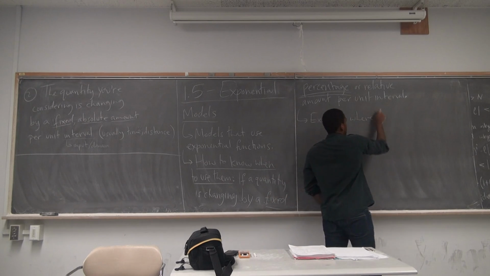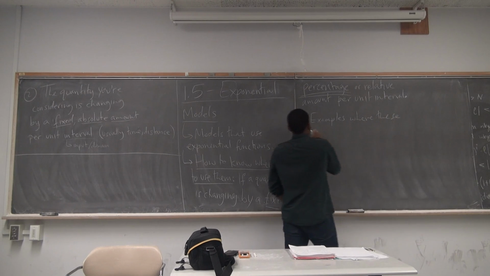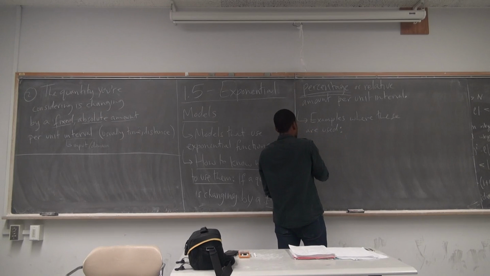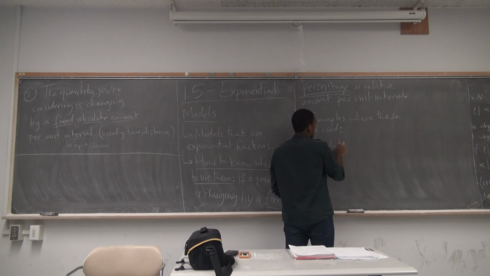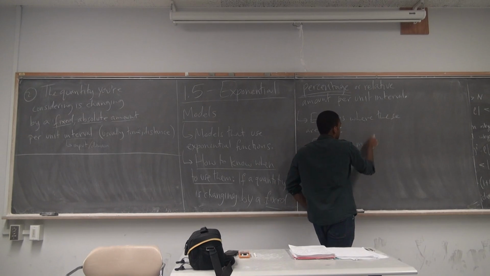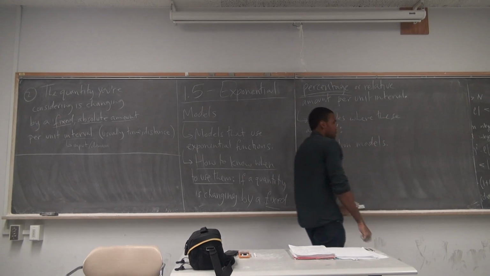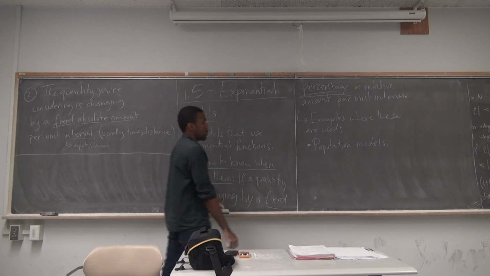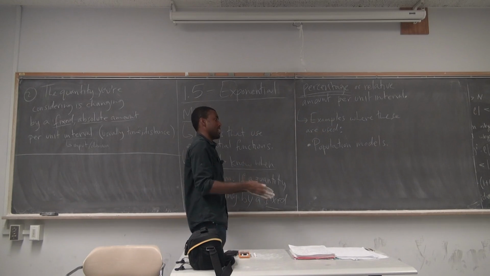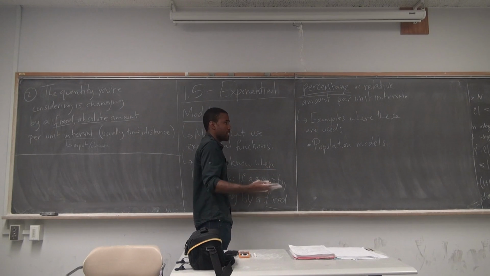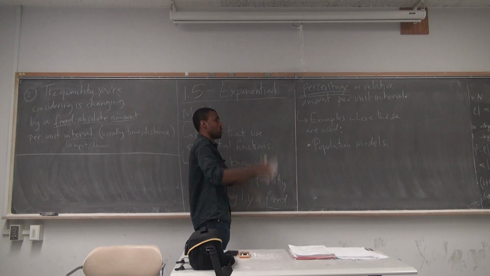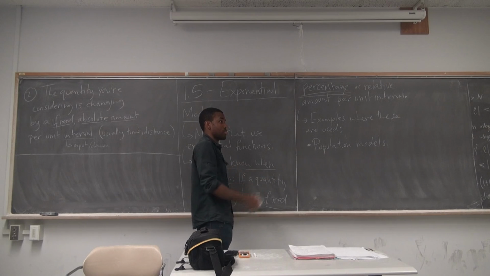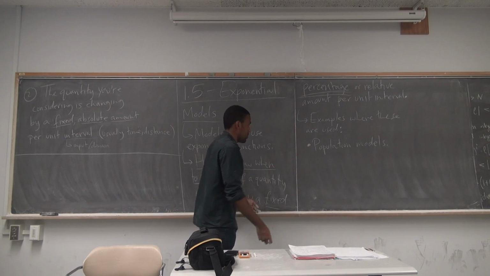Examples where these are used: population models. Populations grow exponentially. They don't grow by a fixed number. You don't have a population that increases by 10 people every year. That doesn't happen, because the more people there are, the more babies they make, so the faster it will increase.